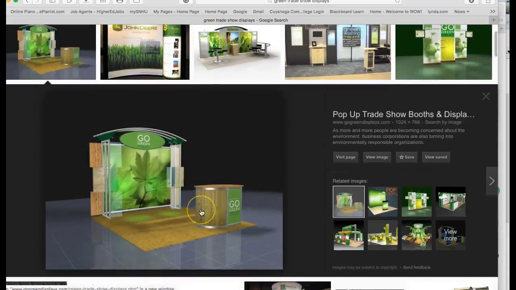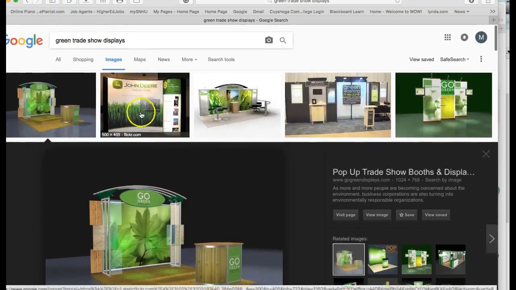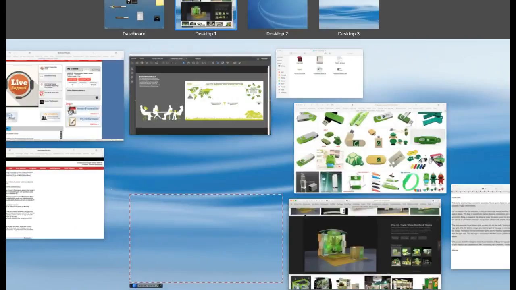There's a nice one, and that's really minimal too. I'm just saying green trade show displays in my search. So think about that. Think about presentation, and by all means, give us a detailed materials list, what you're using for each component of the trade show booth, and tell us why it's the best choice, the smallest carbon footprint.